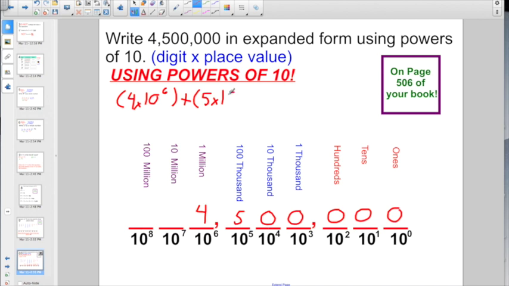So I'm going to go and write 10 and an exponent of 5 to show the 100,000s. Close out your parentheses, and all I have left is a bunch of zeros, and I don't have to go and write those down. Leaving nothing is the same as 0, right? And again, this is all on page 506 of your book.